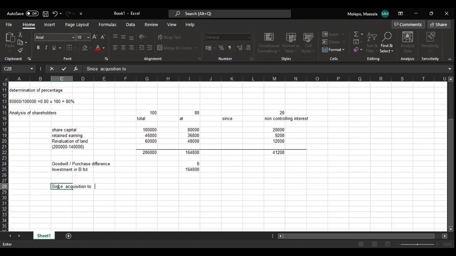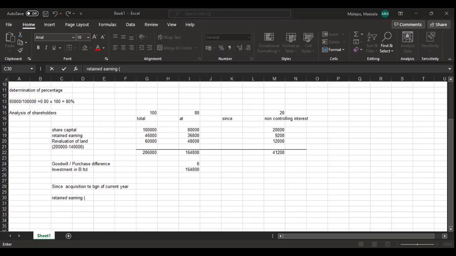Since acquisition to the beginning of current year, we're going to have the retained earnings realized. It was the retained earnings at the end of the financial year, shown in the pre-adjustment trial balance as 92,000.